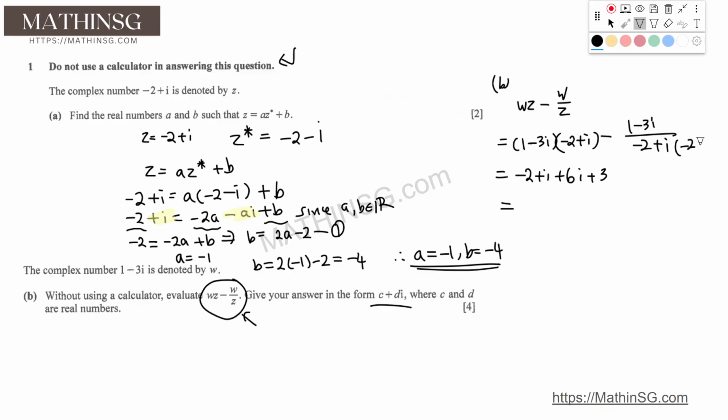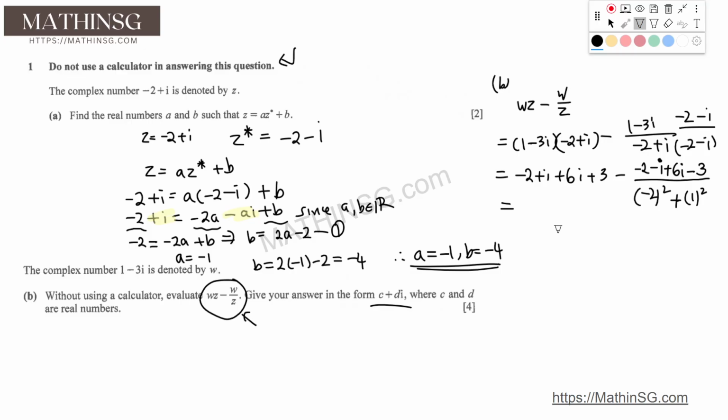Then for this one, I need to multiply top and bottom, the numerator and the denominator, by the conjugate of z, which is minus 2 minus i. Sorry, plus.